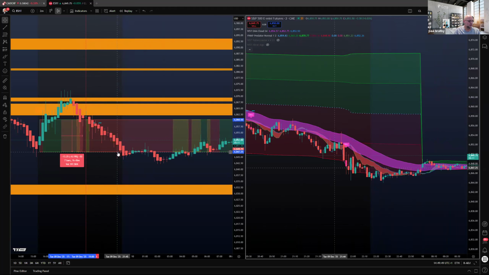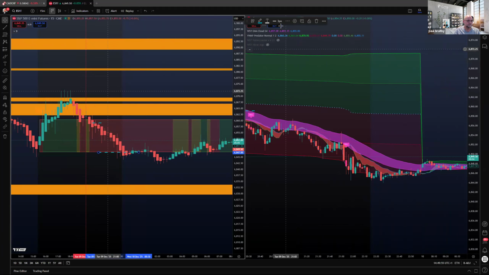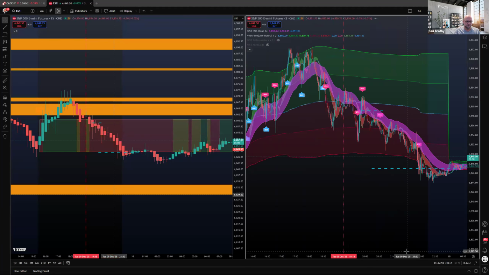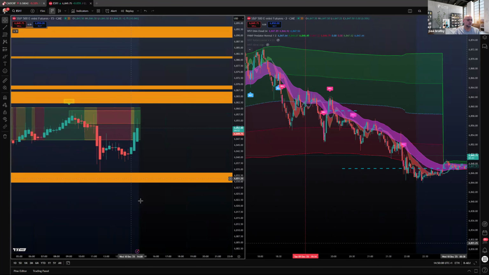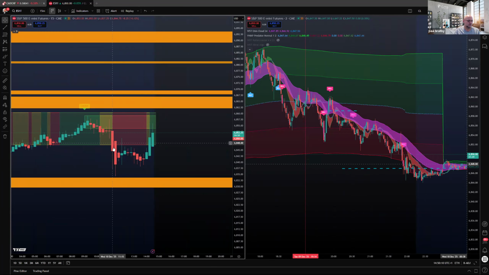Once it hits the low of this opening range, which is here, that's when I'd take my profit. In this situation, I'm only interested in trading down to the low of this opening range. I'm only trading down into that support. Nothing else. Yeah. Any questions on that?